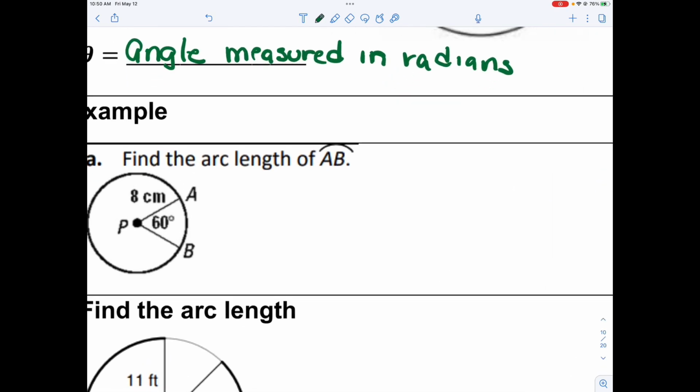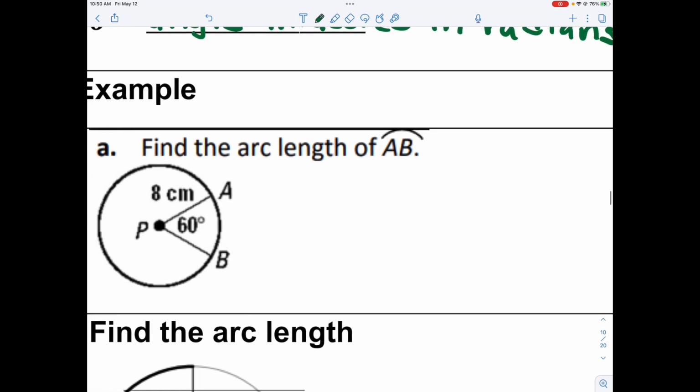In this first example, we're looking for the arc length, not the measure. The measure of the arc is 60 degrees. The length of the arc is going to be given by S equals r theta. In this case, r is equal to 8 centimeters. How do I find theta? Well, we have to convert 60 degrees to radians.